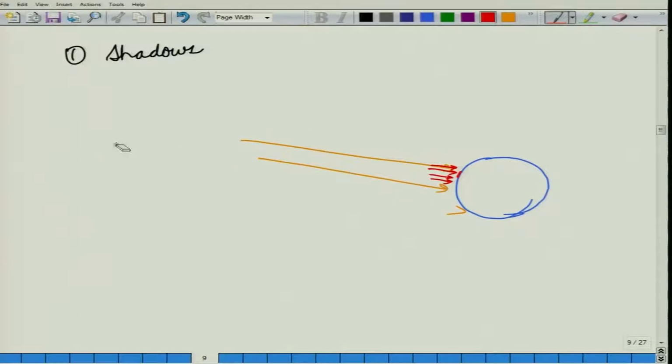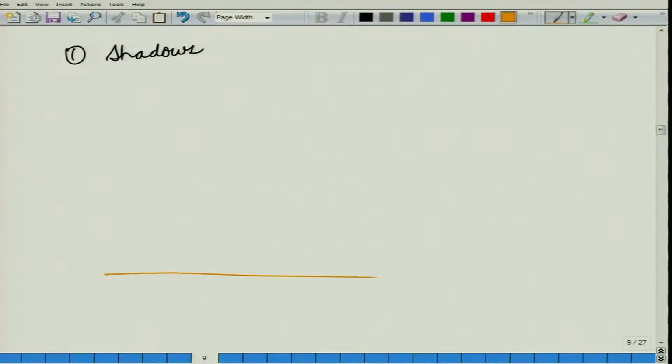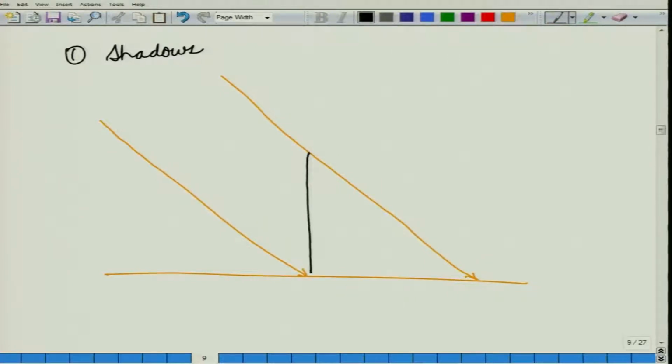So, now that we know that the rays of light are parallel, suppose we have this ground and let us draw two parallel rays. Now consider two objects. One object is a tree, and the second object is say a small stick.